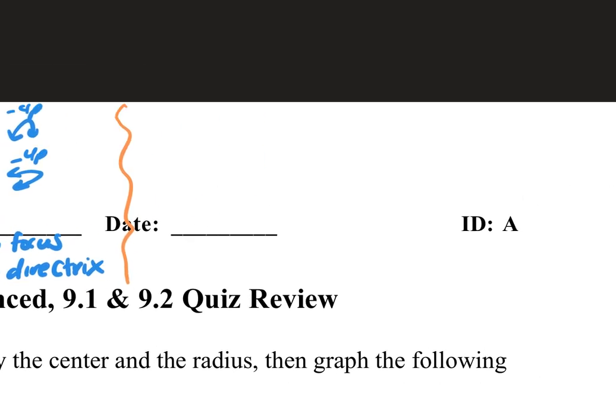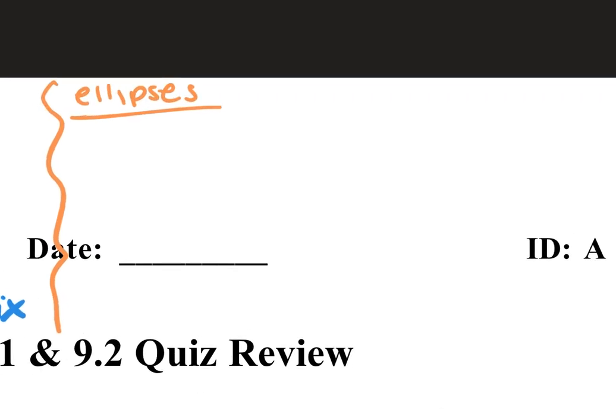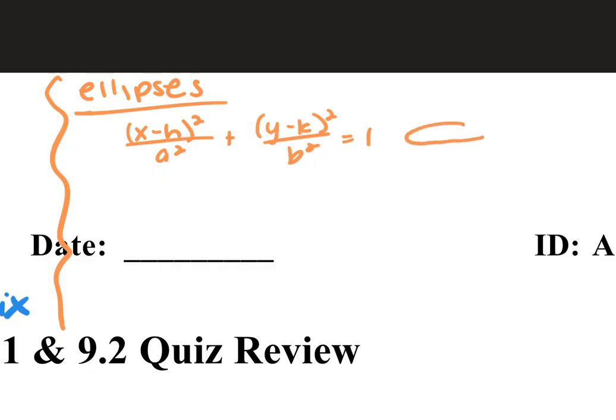Yesterday, we added ellipses. For these 2 different formats, x minus h squared over a squared plus y minus k squared over b squared equals 1 is your horizontal ellipse, wider than it is tall, because a is the larger denominator.